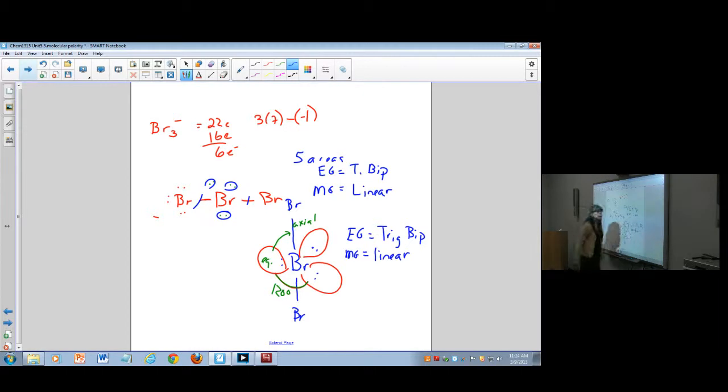Linear. Is it polar? Not polar, because everything is symmetrical again. Each of these lone pairs of electrons are going to push each other the same amount. This is not polar.